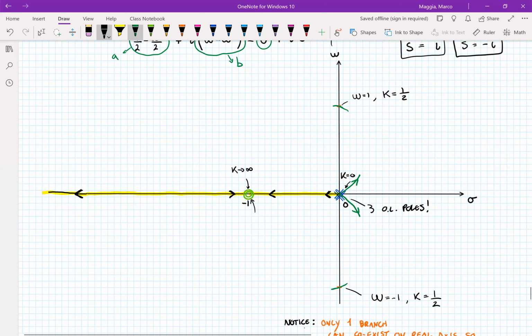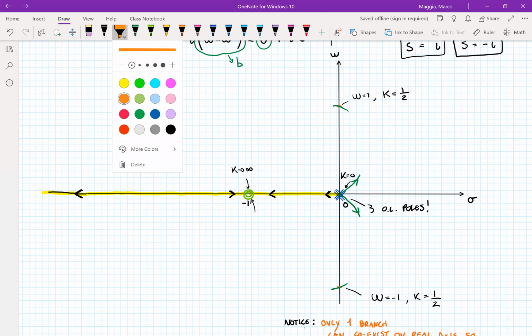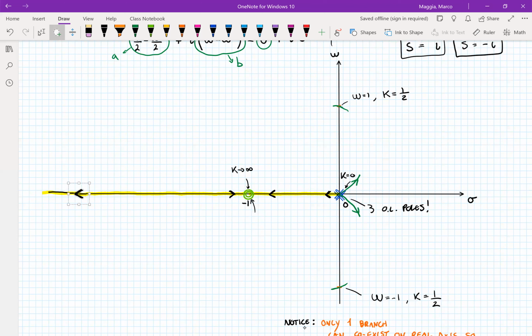And you see the problem now. We have a direction going to the left and then one arrow going to the right. So at one point in between, we must have a break-in point. So 2 branches must come in the real axis, and then one will go to the left and one will go to the right. And guess what?